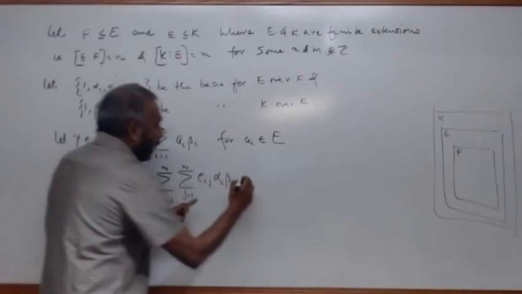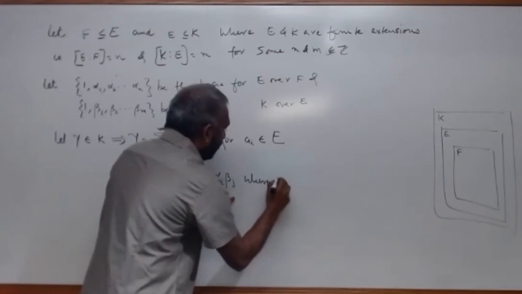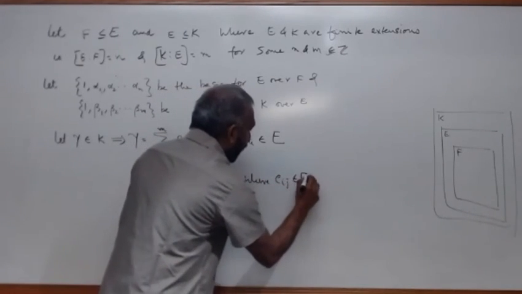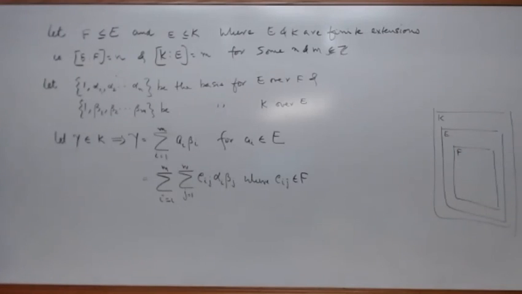Here c_ij belongs to F. What does that mean?